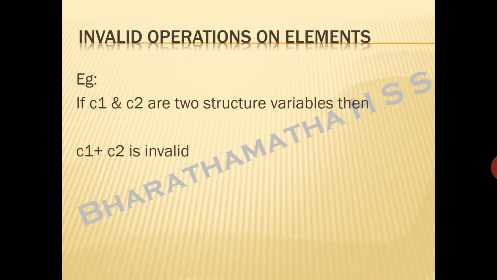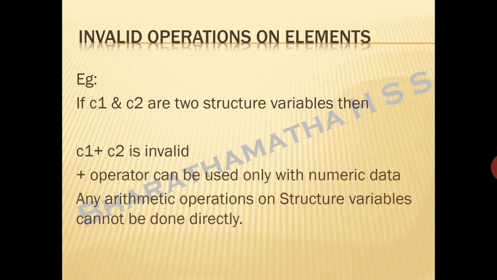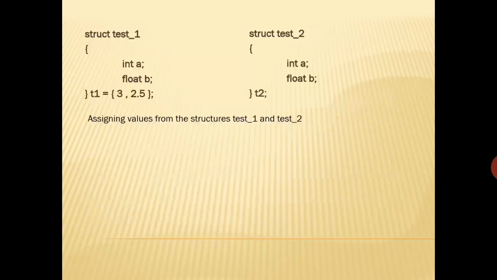If C1 and C2 are two different structure variable names assigned to the same structure or to another structure, directly you cannot add the variable names. That is not allowed in C++. Plus operator can be used only with numeric data. Any arithmetic operations on structure variables cannot be done directly.